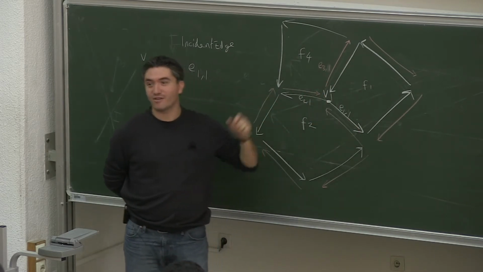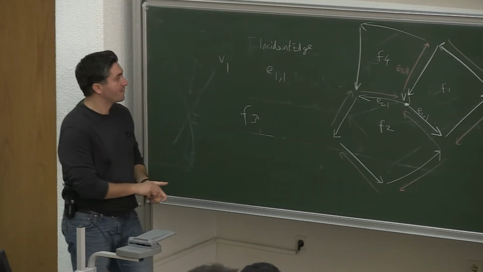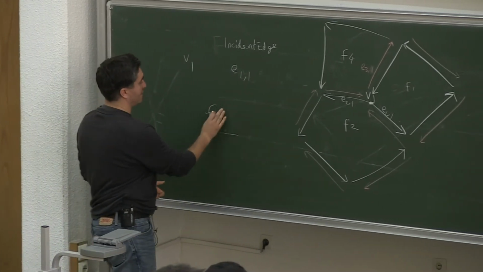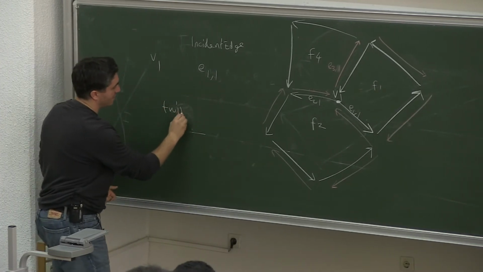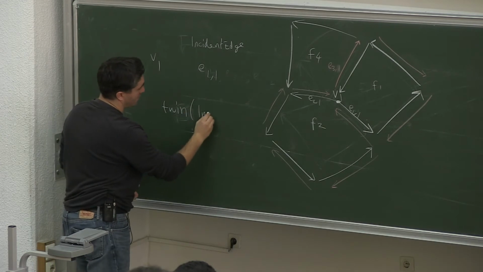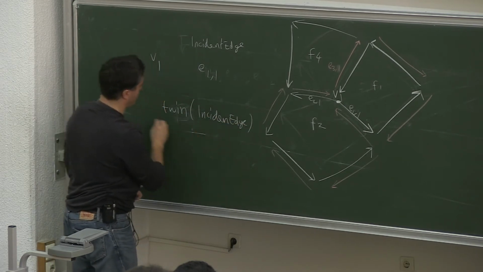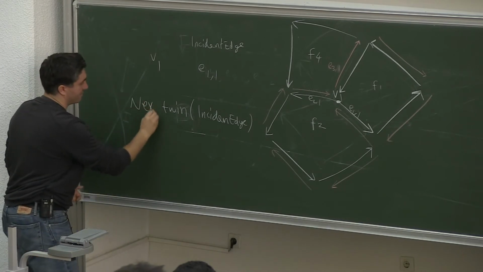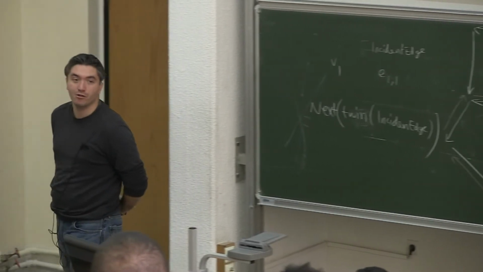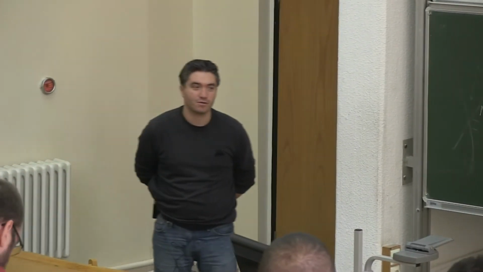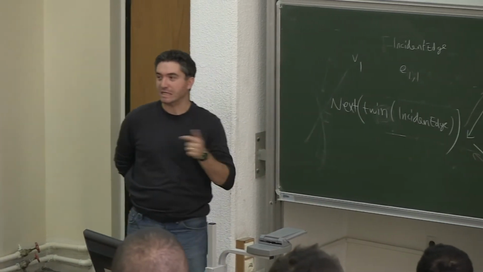So if we continue this, given this incident edge, we take the twin of the incident edge and its next. Okay? If you do this in a loop, you are going to traverse all the edges around V1 in clockwise order.